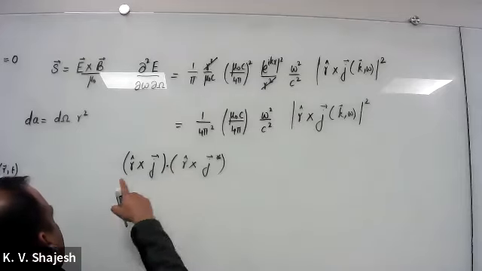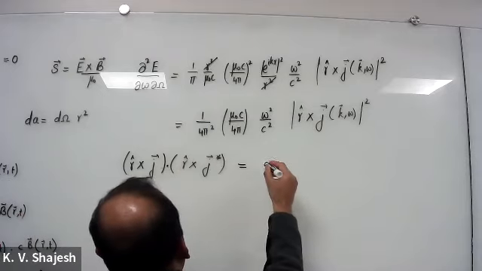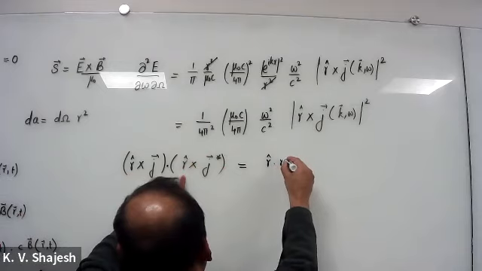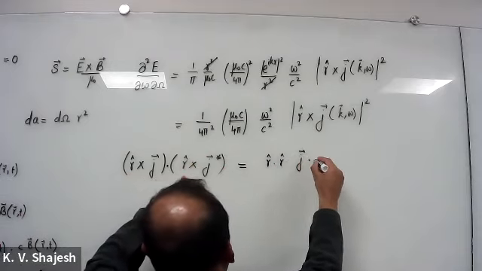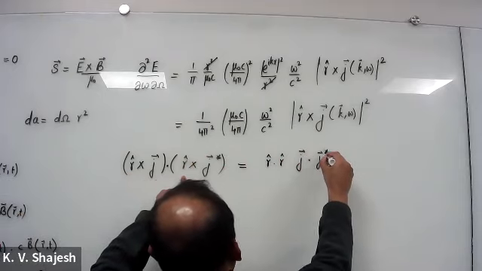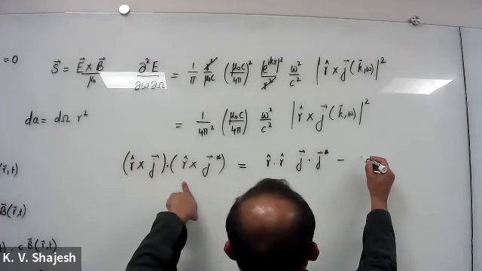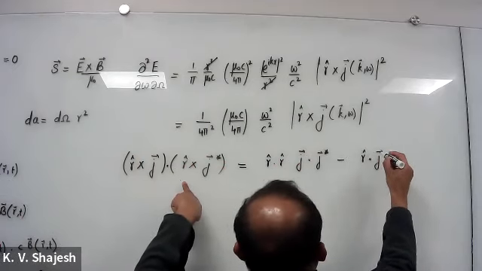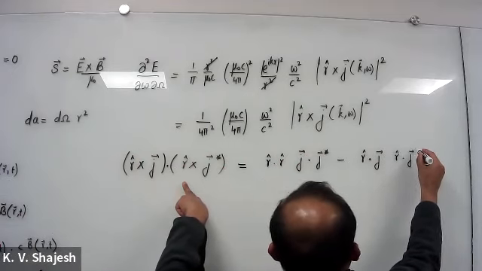And A cross B dotted with A cross B is also equal to r hat dotted with r hat times J dotted with J star, minus r hat dotted with J and r hat dotted with J star.